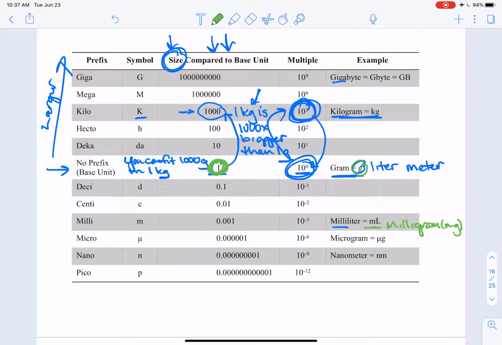So the size of the milligram compared to the gram, or we could do milliliter compared to liter. What is this saying here? Well, it's saying that 1 gram is 1,000 times bigger than a milligram.